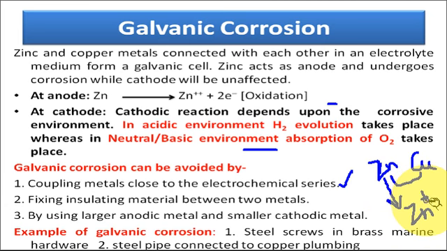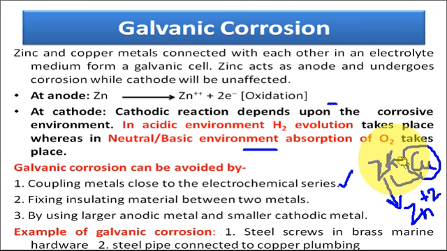That means if we want to minimize this reaction, then we have to choose a second metal which is closer to zinc in the electrochemical series.